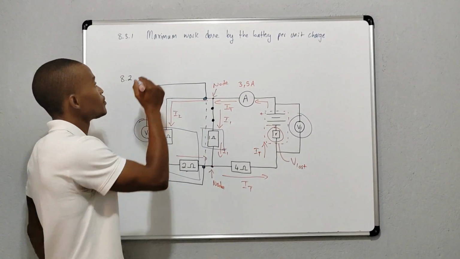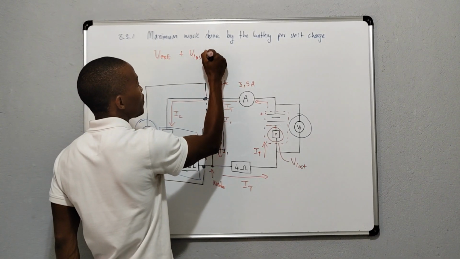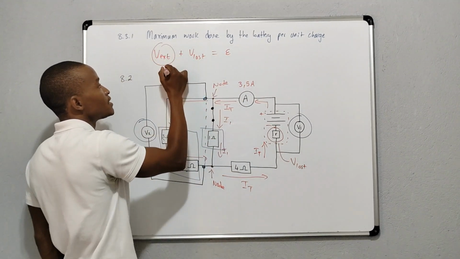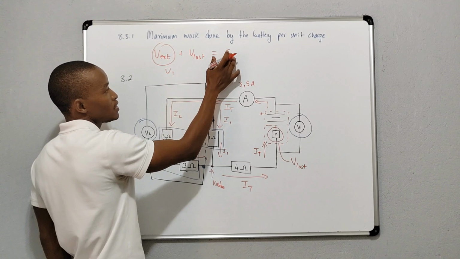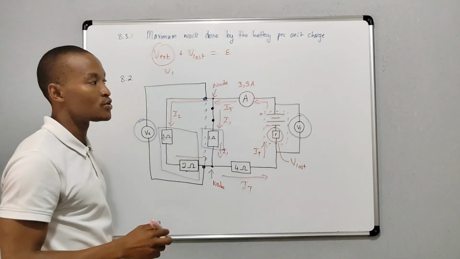So we know that the sum of the external voltage and the lost volts gives us our EMF, and this is V1.